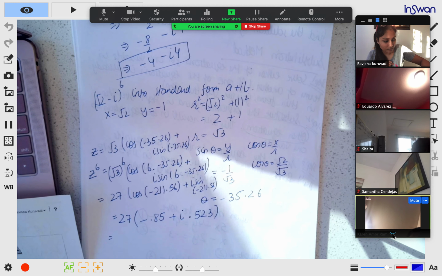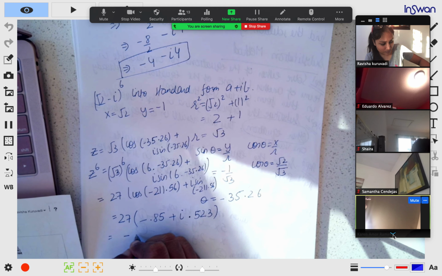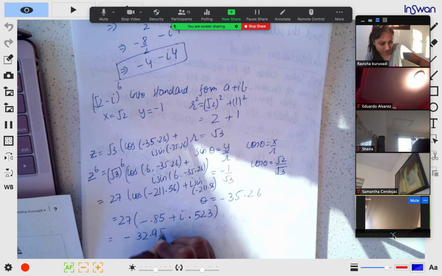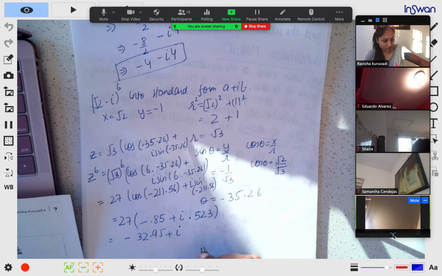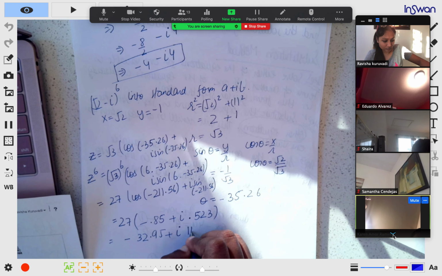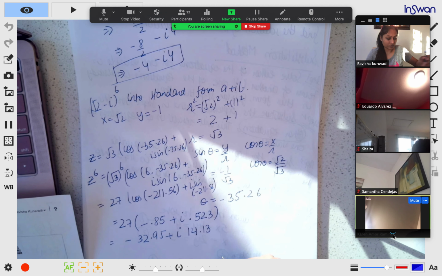It's negative 22.95, plus i times 14.13.